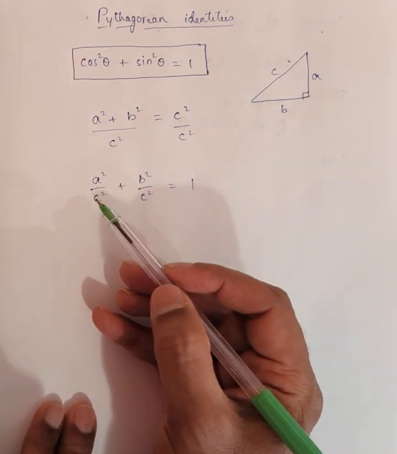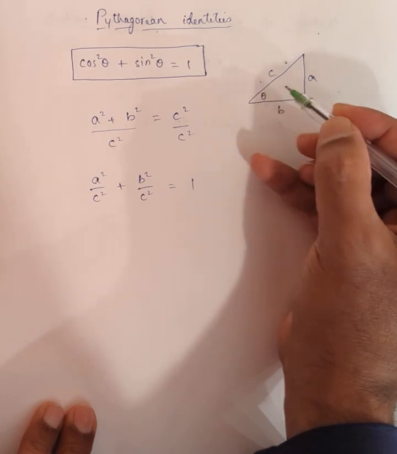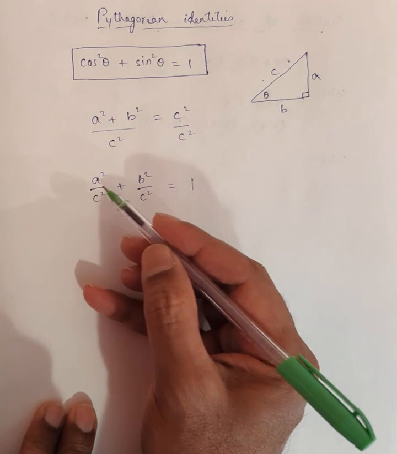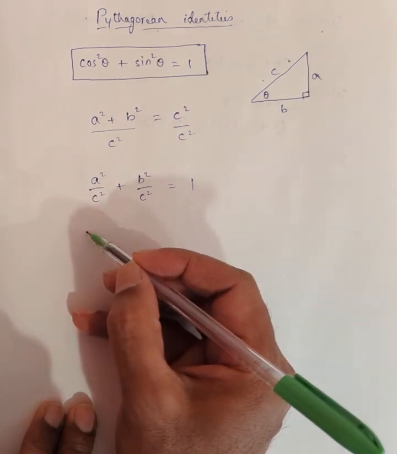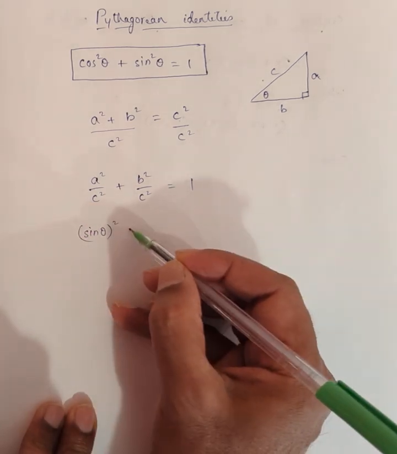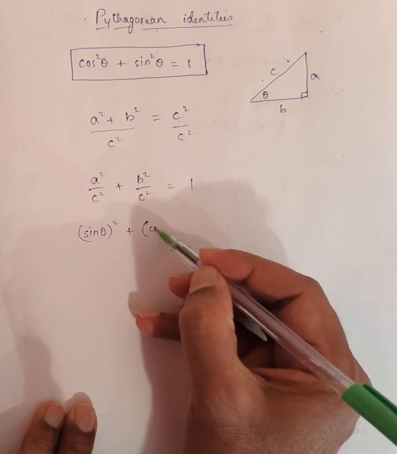Now, A over C, okay, so if I call this angle theta, then A over C is sine theta. So that means this is sine theta square, plus B over C is cos theta.